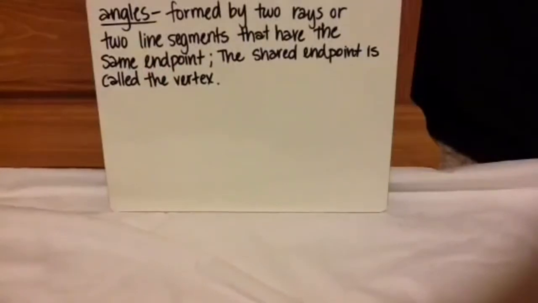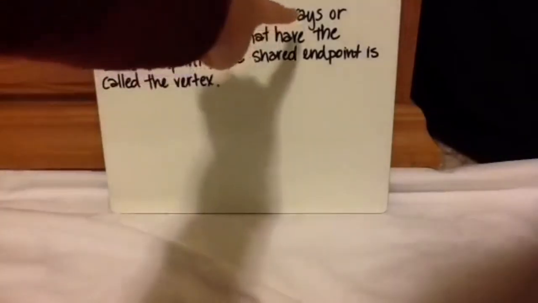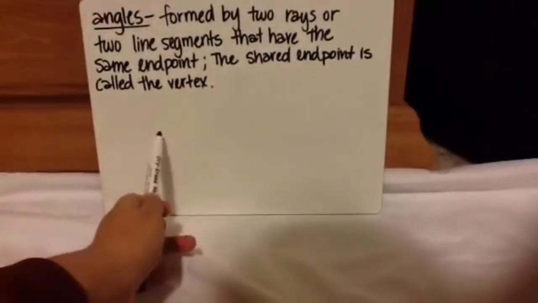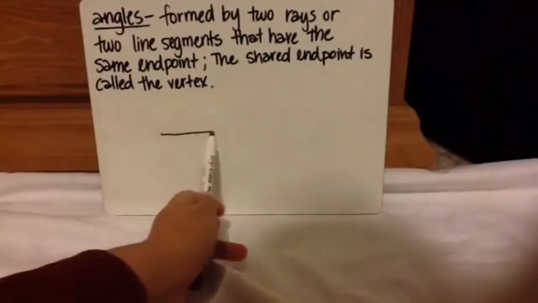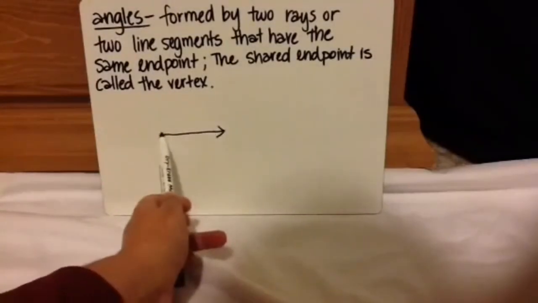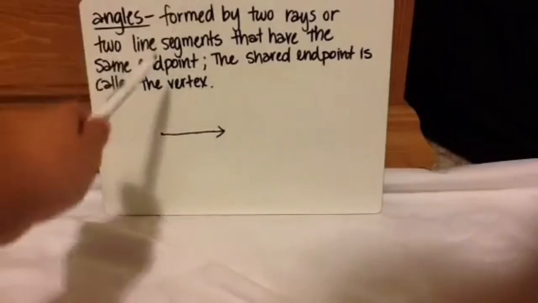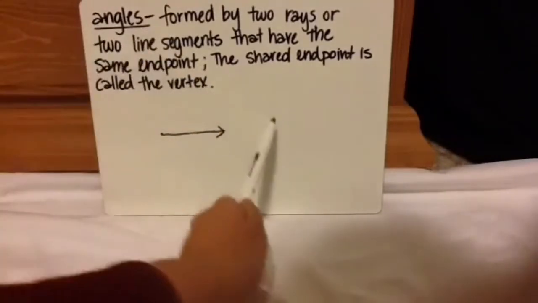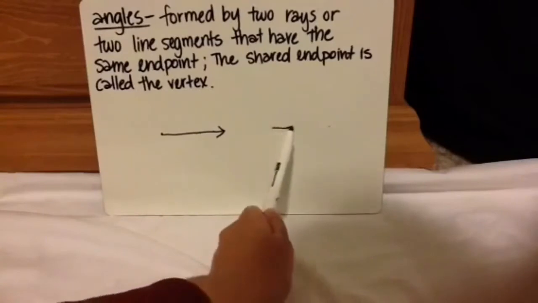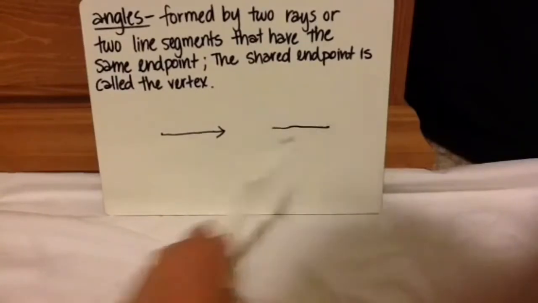Okay, let's learn about angles now. If you notice in this definition, it has the word rays, which we talked about. A ray is a line with a point, and it keeps on going in the other direction. Or there's also the word line segment, which is a part of a line joined by 2 points.